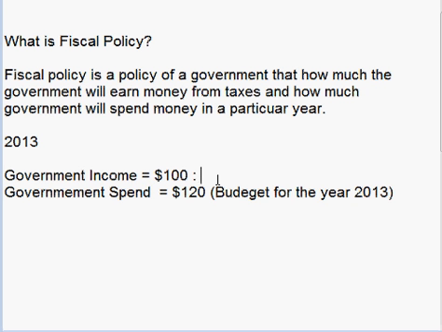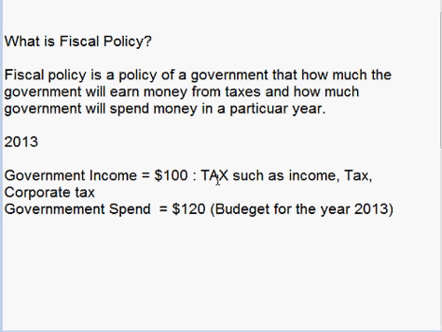Here, government income means what? Government income means tax, such as income tax, corporate tax, and so on. So that is the income of the government.